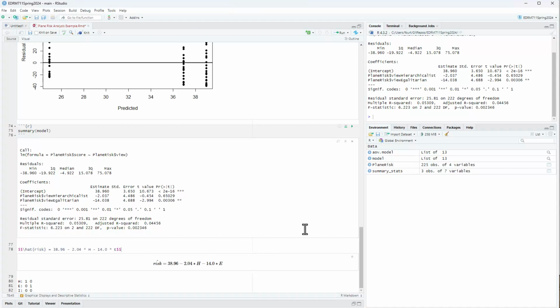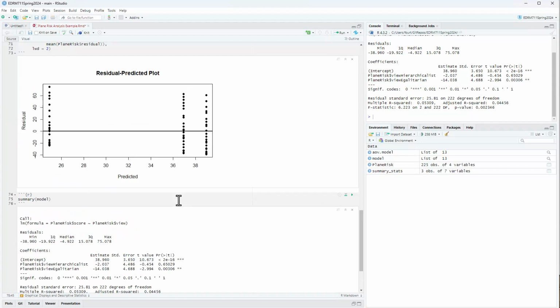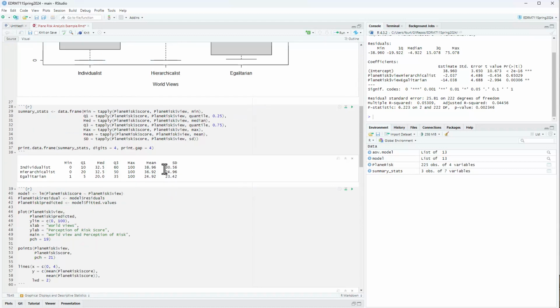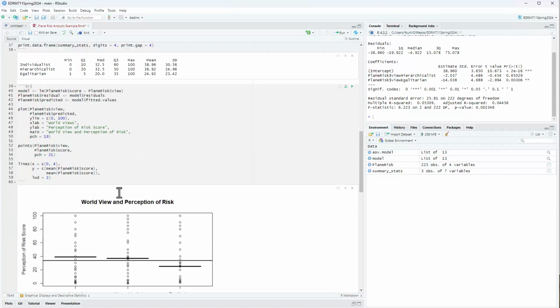So let me call back up my notebook. Remember that when we're talking about the explained variation, we're talking about the difference of the predicted mean, which is the individual group mean, from the grand mean. So for the individualists, for example, we have a mean of 38.96.